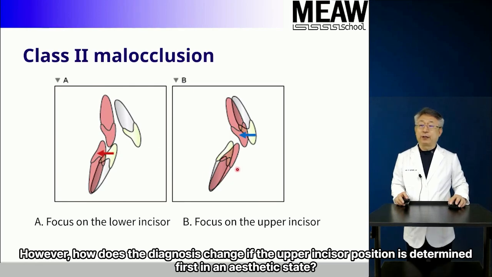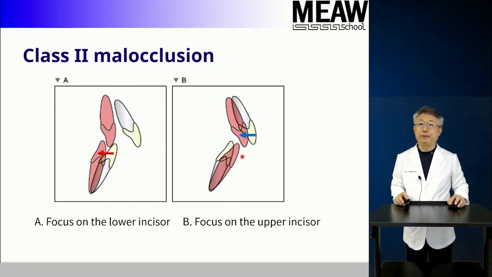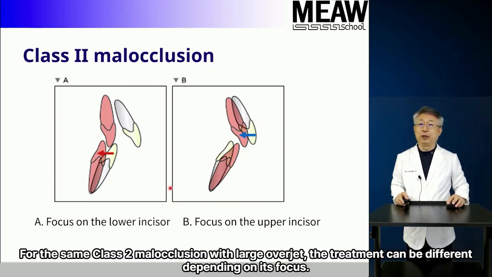However, how does the diagnosis change if the upper incisor position is determined first in an aesthetic state? In order to achieve proper overbite and overjet, the lower incisors can be slightly proclined. For the same class 2 molar occlusion with large overjet, the treatment can be different depending on its focus.